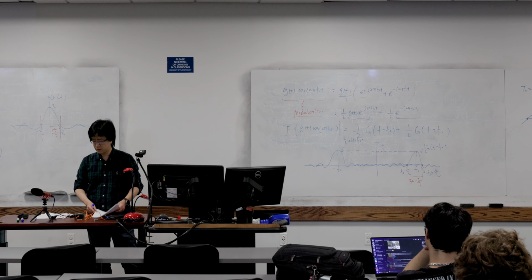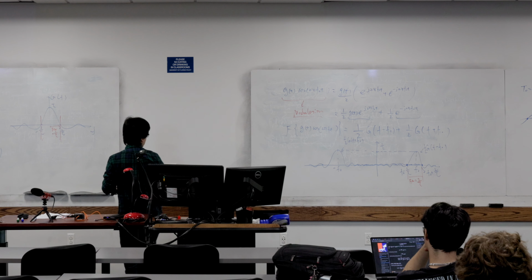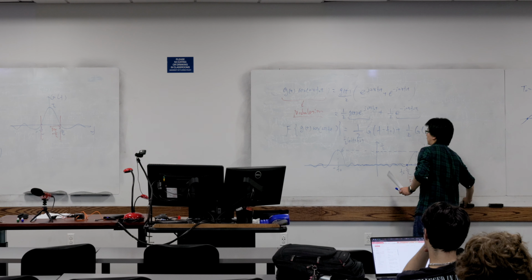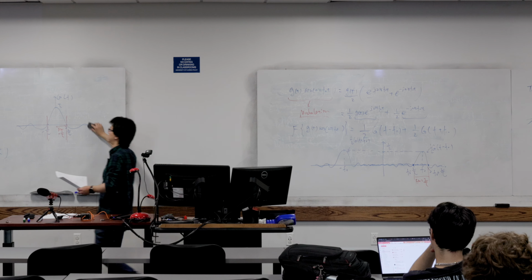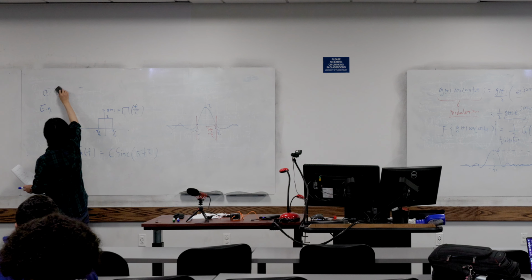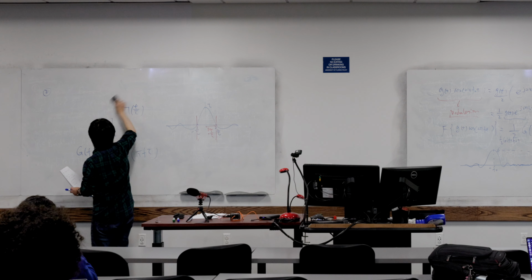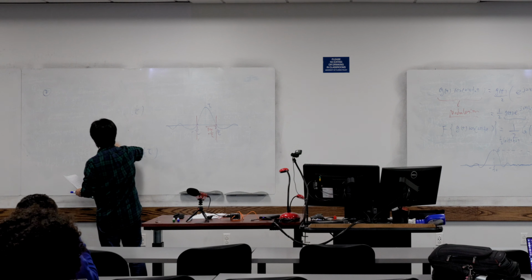So now we're going to see some more important properties of the Fourier transform. Similar to the frequency shift property, we're going to see a time shift property, which is almost identical to the frequency shifting property, but we have a different application of it.